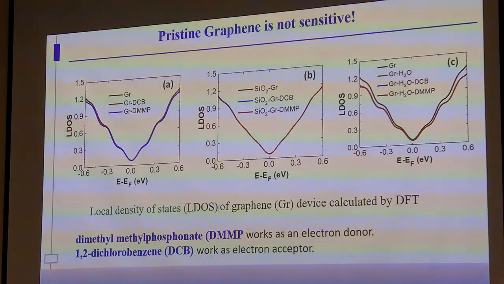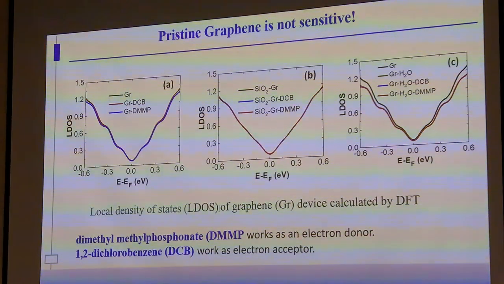In the second case, in place of free graphene, you put the pristine graphene on silicon oxide, because if you want to fabricate the device, you need graphene on SiO2. But here, this is pure silicon dioxide, so there is no defect. In this case also, there is no shift in the Dirac point.